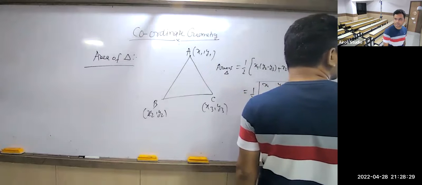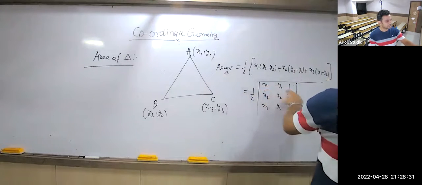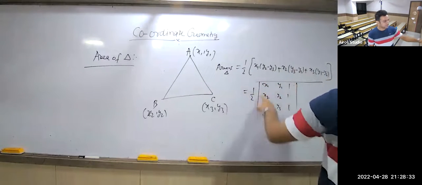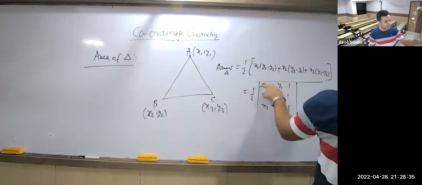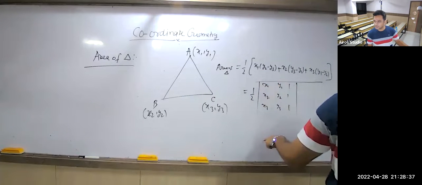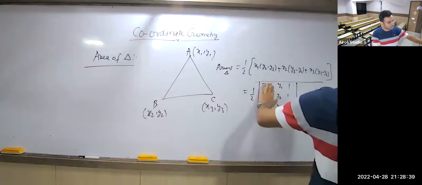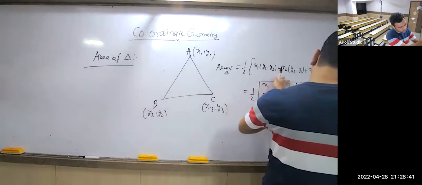You know how to solve the determinant. If I open this with the first row, x1 will be there, I hide the row and column, and I get a minor determinant y2 minus y3.